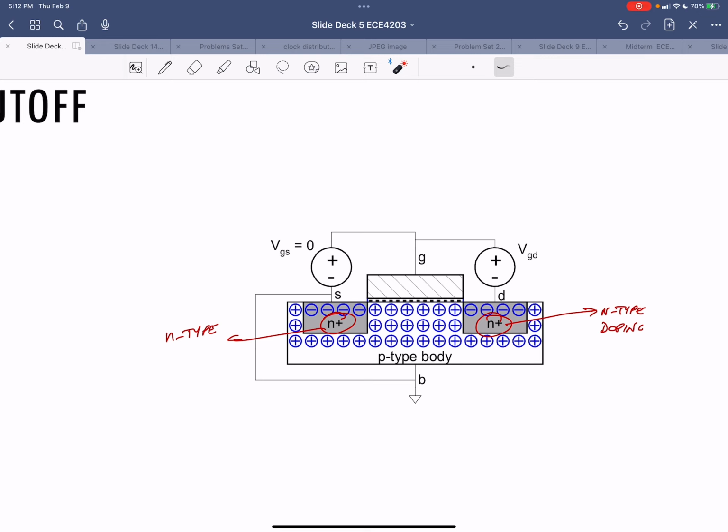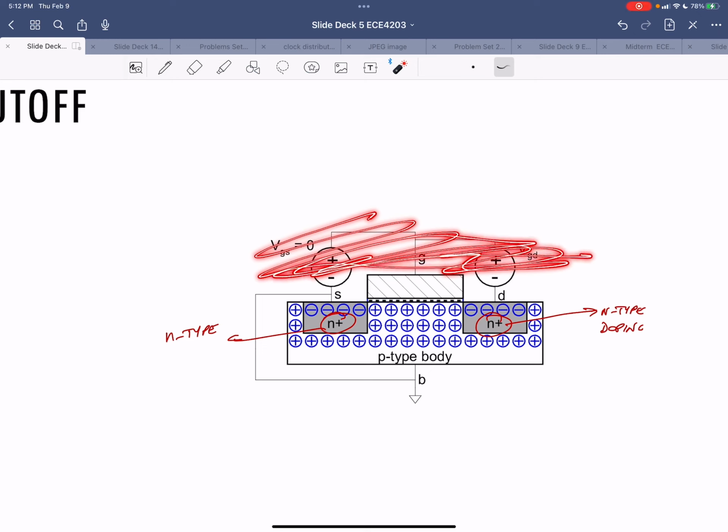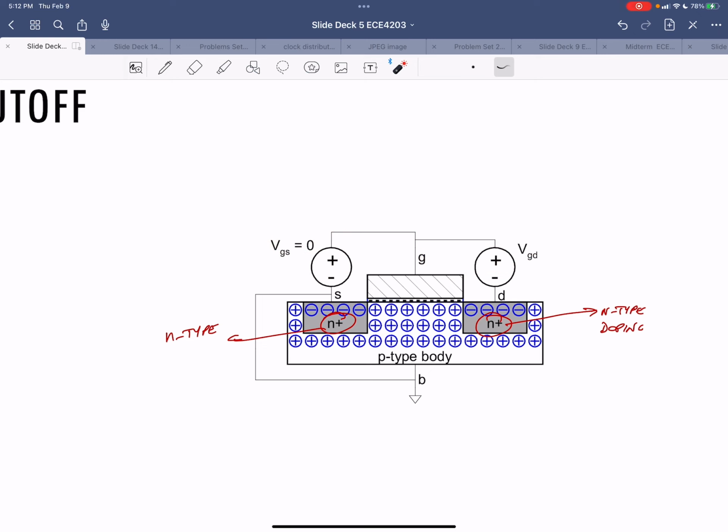Now, if you remember this, let's say there are no voltages here. Don't think about the voltages to begin with. If I just draw this by itself, it looks like I have a diode.